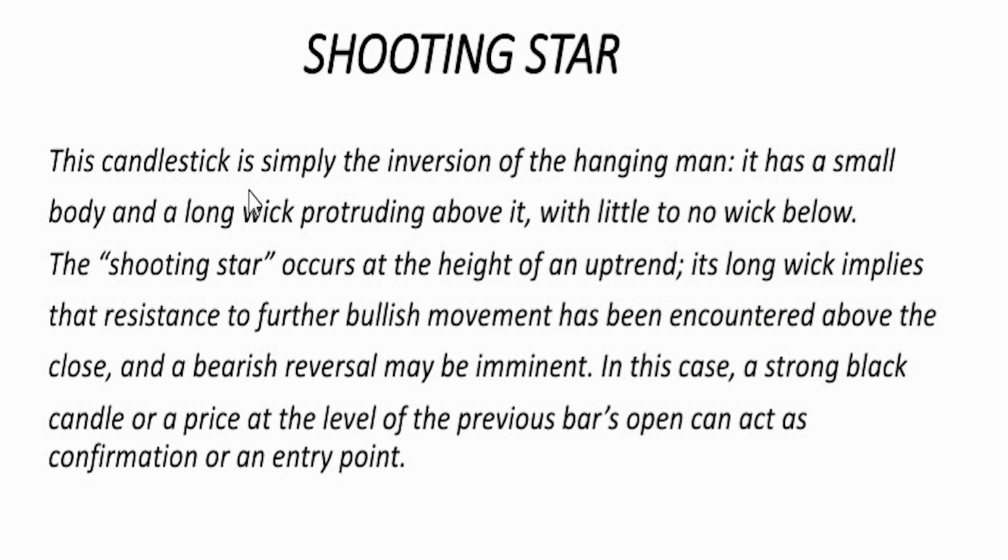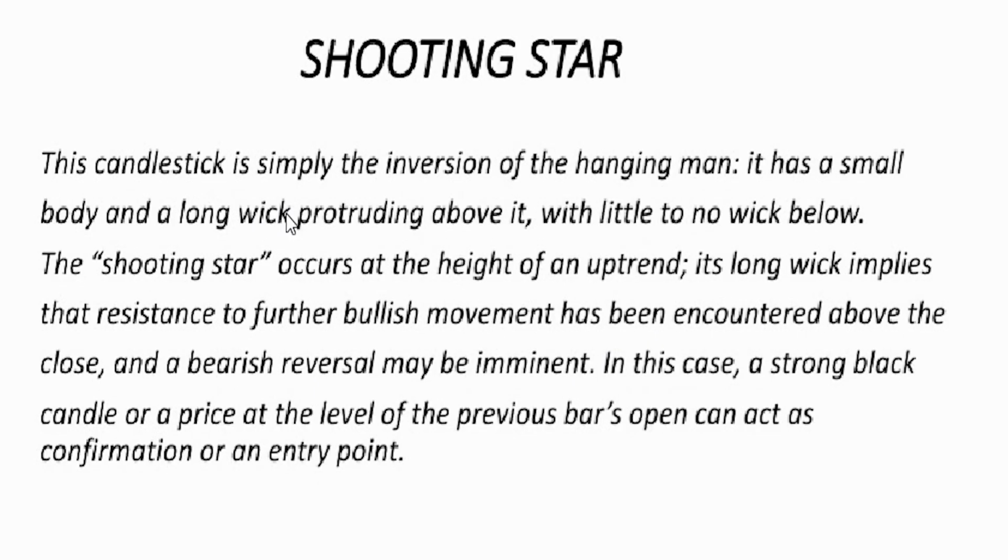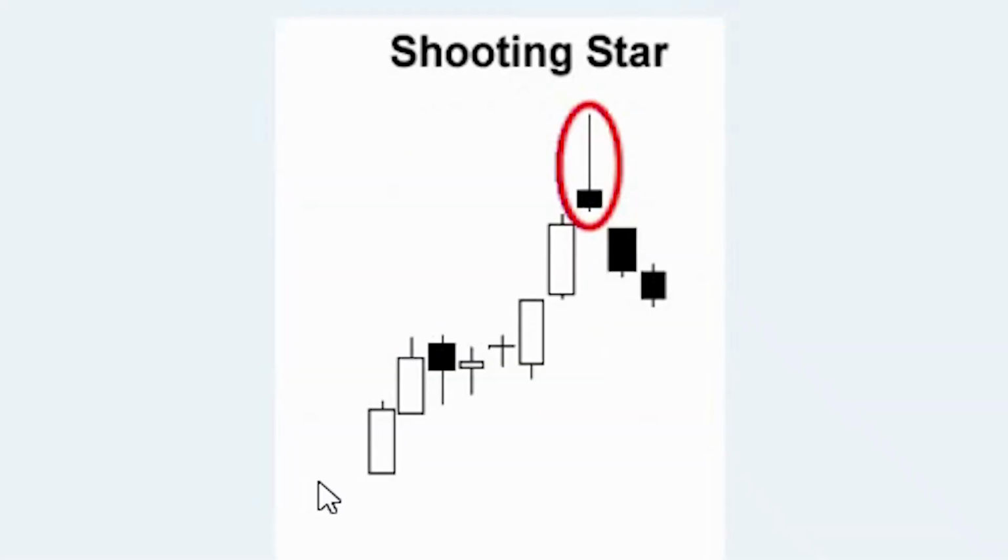So the shooting star is an indication of a bearish reversal. After a shooting star, the appearance of a strong bearish candle can be a good sign for entry confirmation.